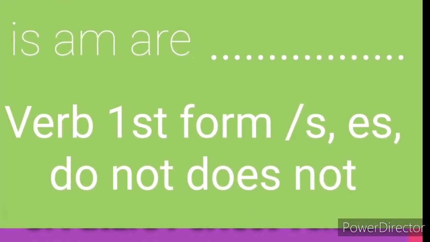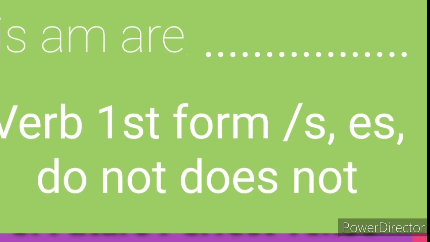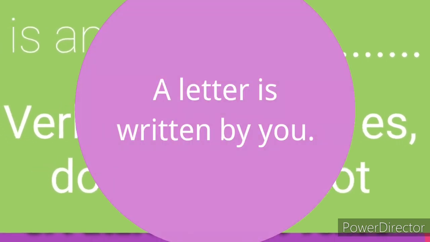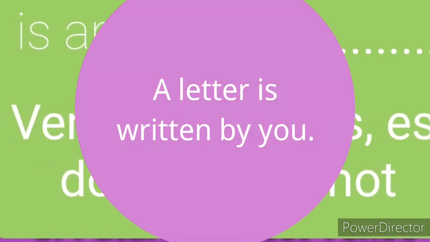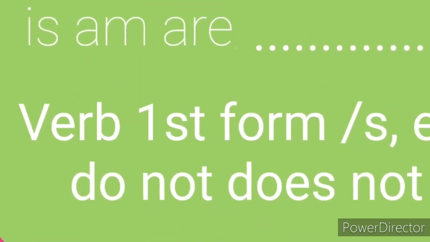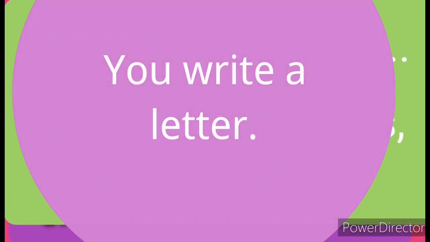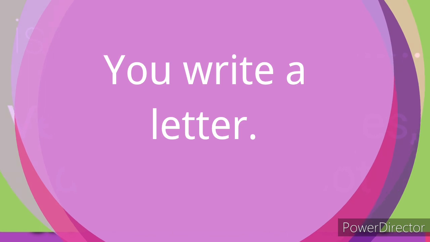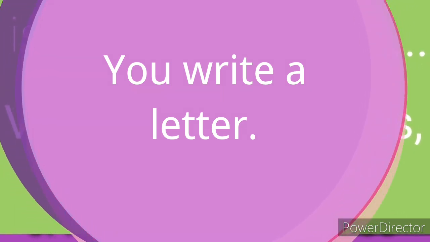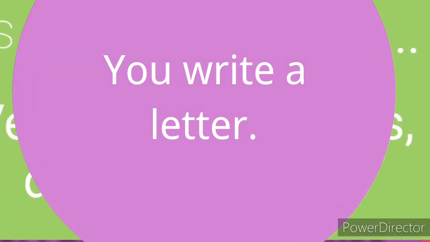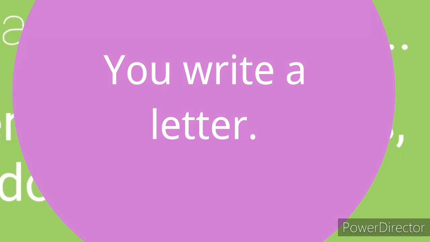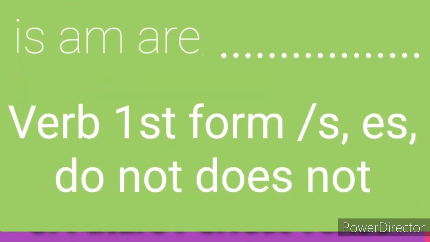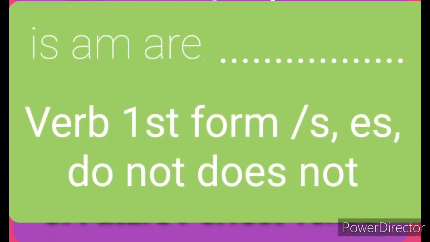If the sentence is "a letter is written by me," or "a letter is written by you," the answer will be "I write, you write a letter." If the sentence is "a letter is written by her," the answer will be "she writes a letter." Getting my point? It means you are supposed to use the first form of the verb and s or es.